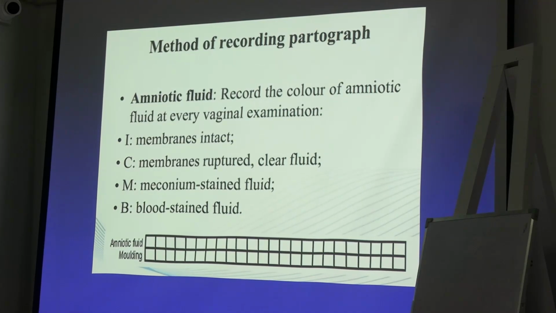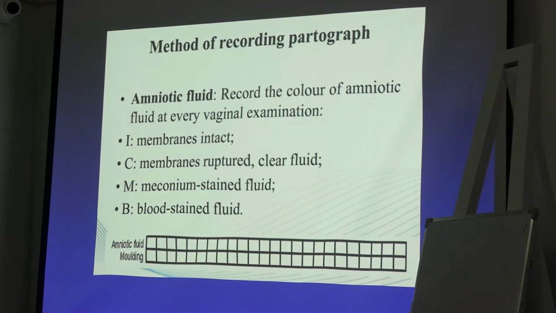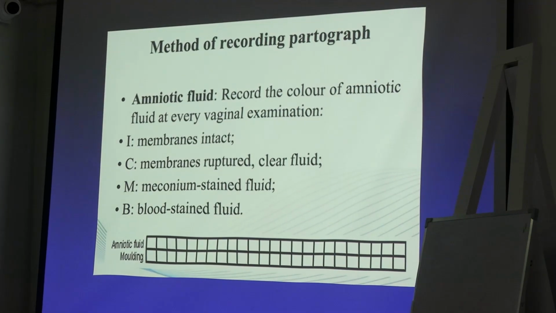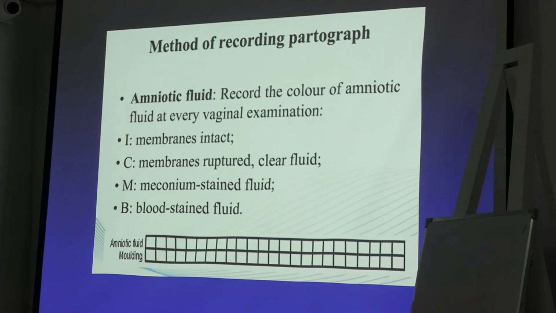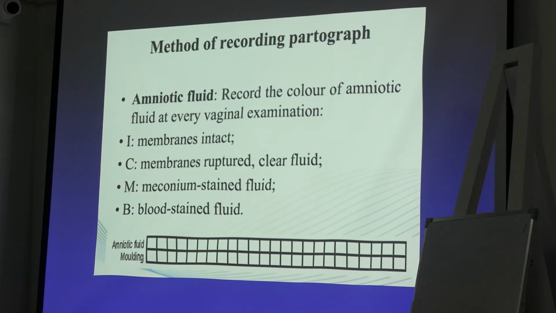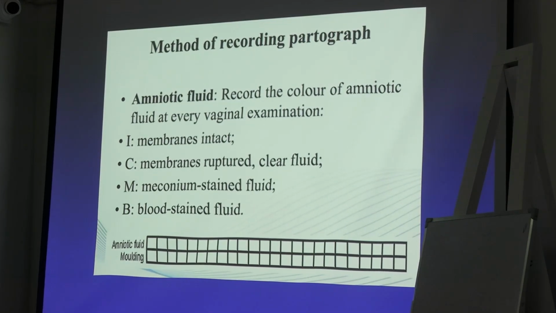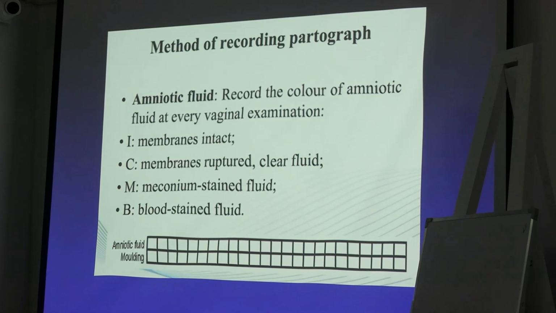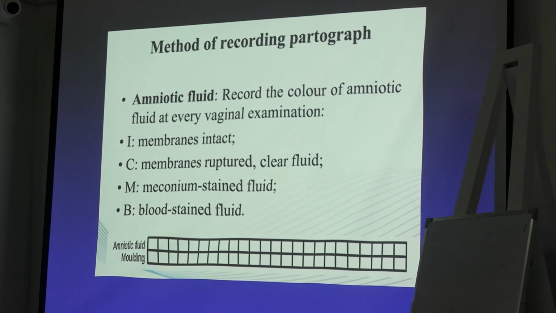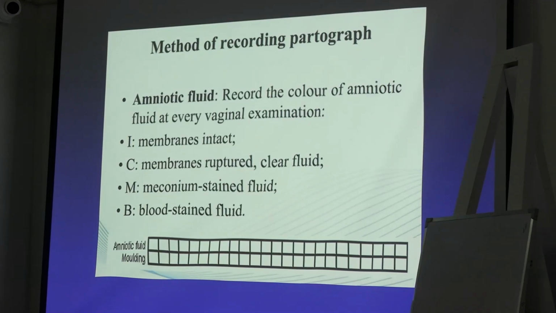If you are doing PV examination, suppose the patient is 4 cm dilated and the finding is M. M means meconium stain. Have you heard of meconium aspiration syndrome? M means there is an indication that the fetus is undergoing asphyxia or anoxia.